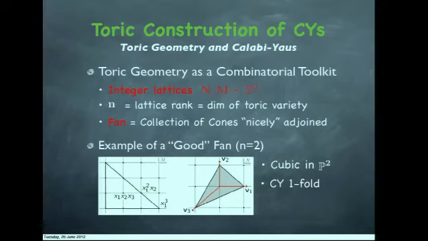And because it's a good fan, it has a nice, well-defined dual diagram in the dual lattice, where in the end we can get some bounded polytope region. And it turns out that each of the lattice points inside this polytope represents a cubic monomial of the three homogeneous coordinates. And this is how this toric data knows about a cubic hypersurface in P2, or a Calabi-Yau one-fold.